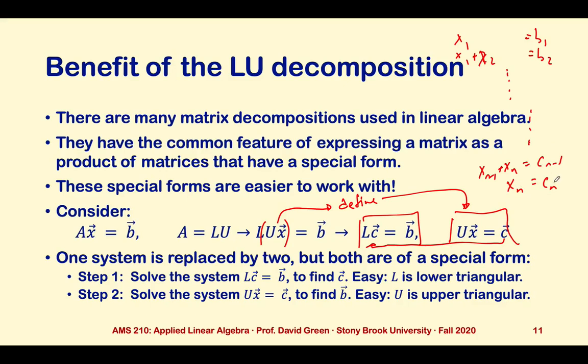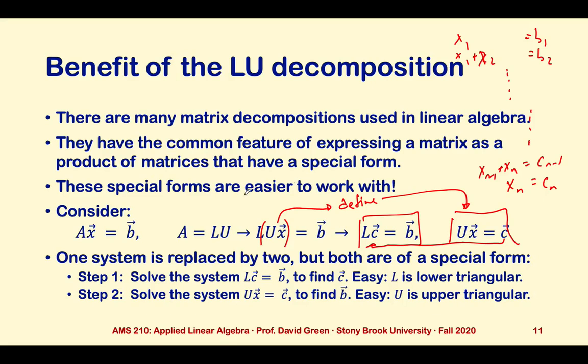We have a direct answer for xn. We can substitute in and solve for xn minus 1, then substitute and solve for the next one, and so on. Back substitution is quick for solving this system.